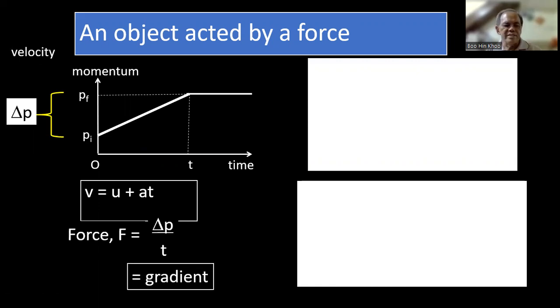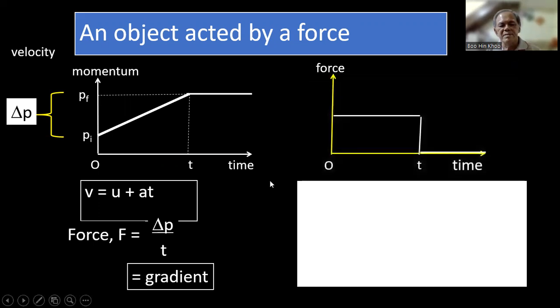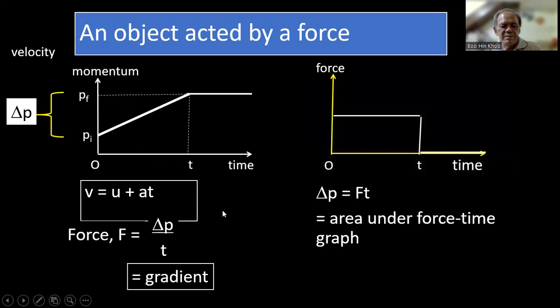It's just the gradient, delta p over t, the gradient of this straight line. So we can take this one, take t across there, we get this equation. Ft, force times time, is the area under the force time graph.